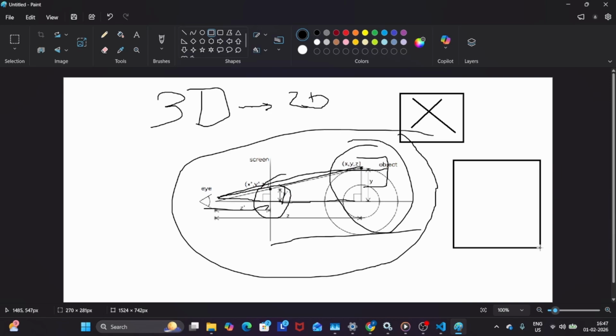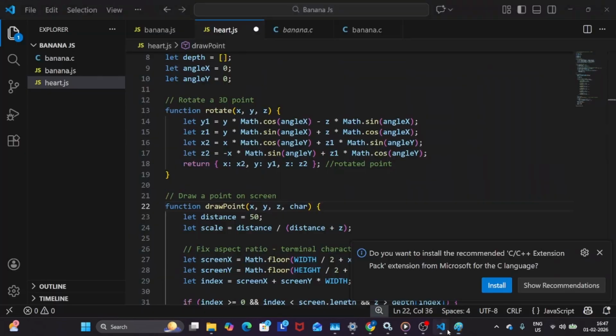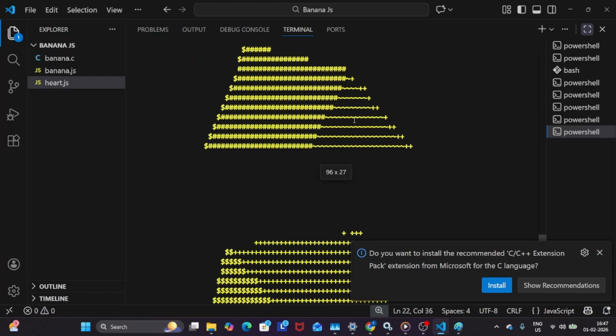For example, there is this cube which we are drawing on the screen, and it is made up of points, but still it looks solid. Why?